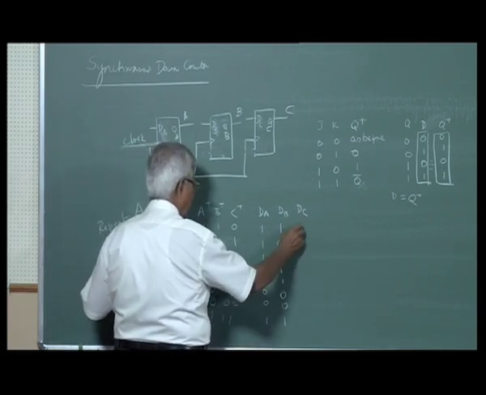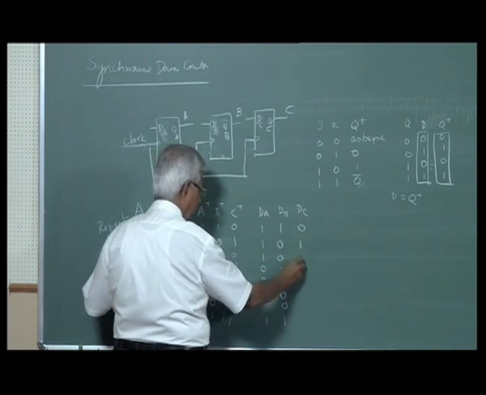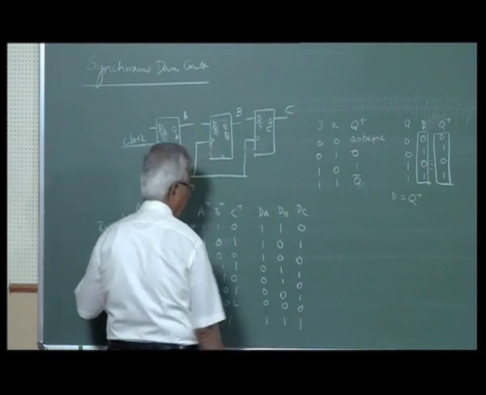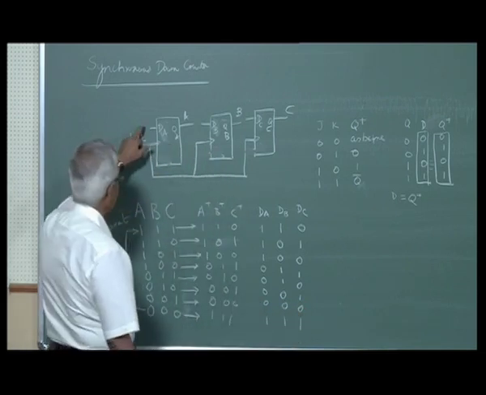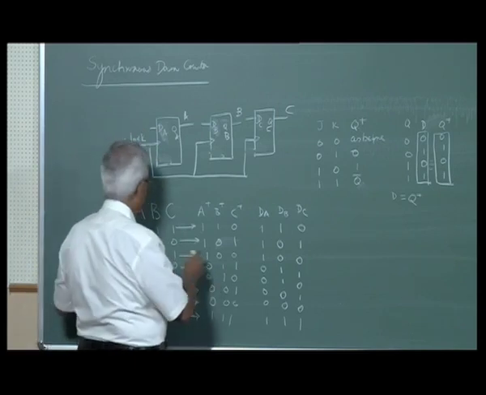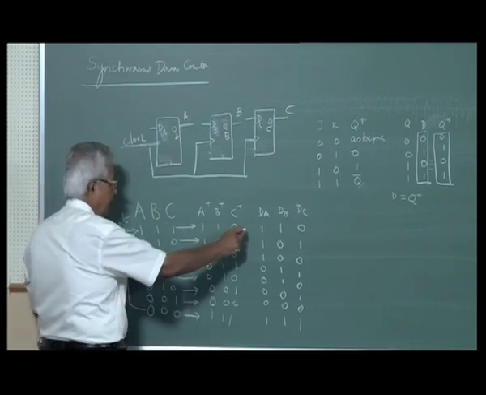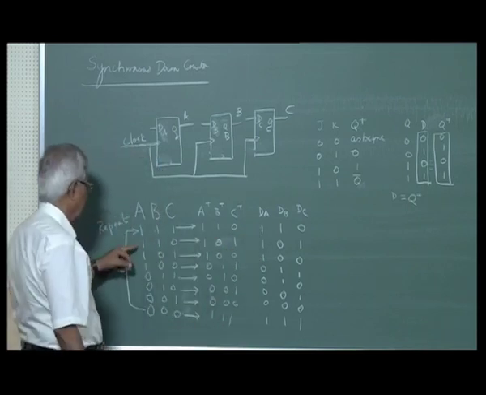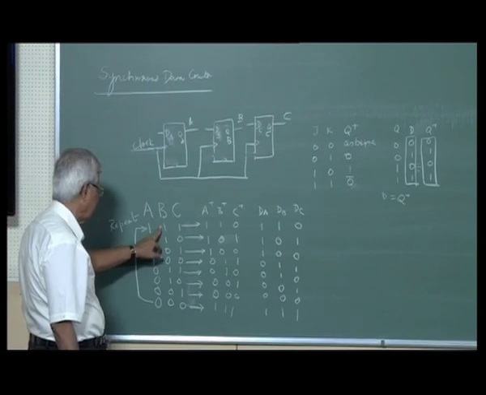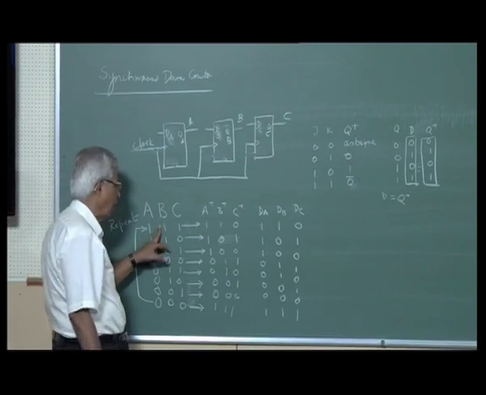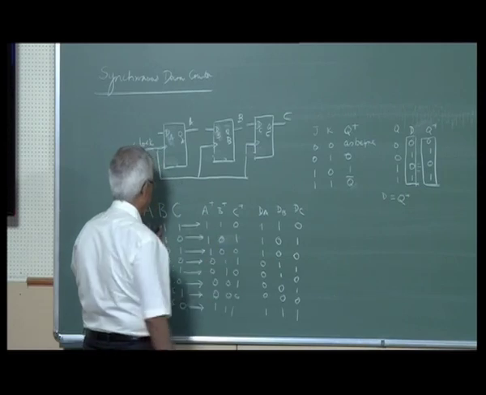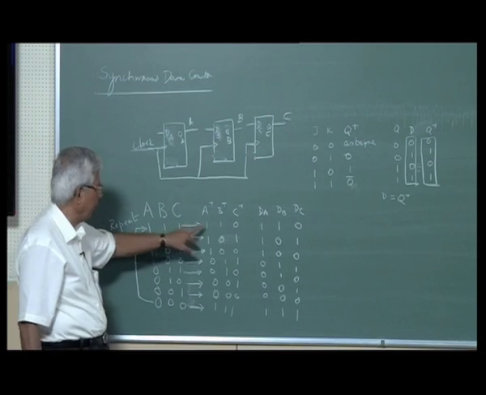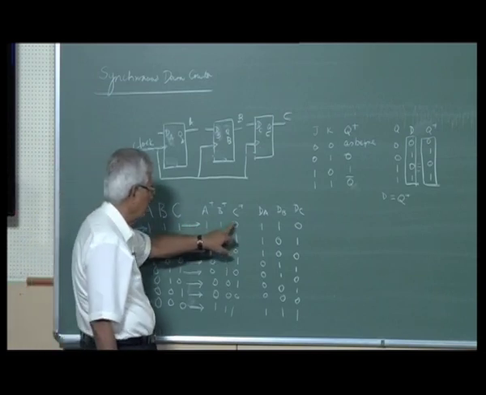DC will be 0 1 0 1 0 1 0 1. So what I apply to DA depends on the present value of ABC and what D input will make the next state as required. Present state of B is 1, what D input will make the next state 1? Present state of C is 1, what D input will make the next state 0? So that is this table.